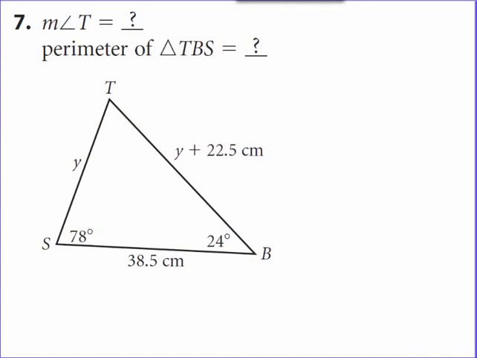Well, because you know 78 and 24, if you add those together and subtract. So to find angle T, I'm going to take 180 minus 78 minus 24. So go ahead and do that for me and tell me what you get.